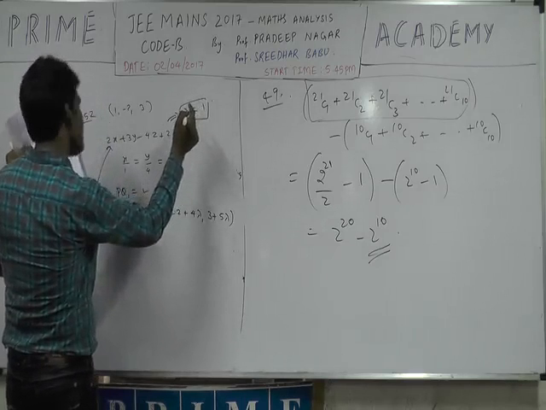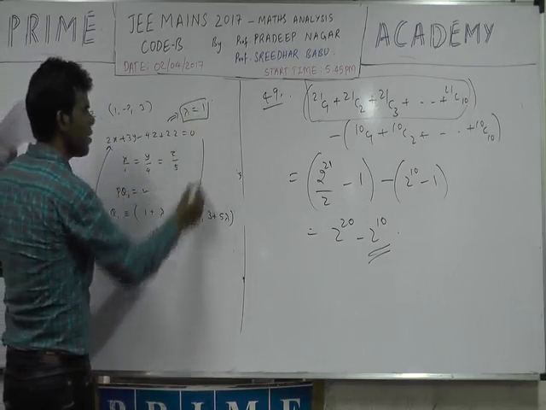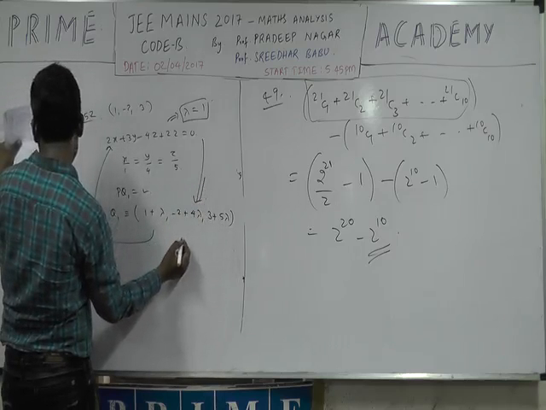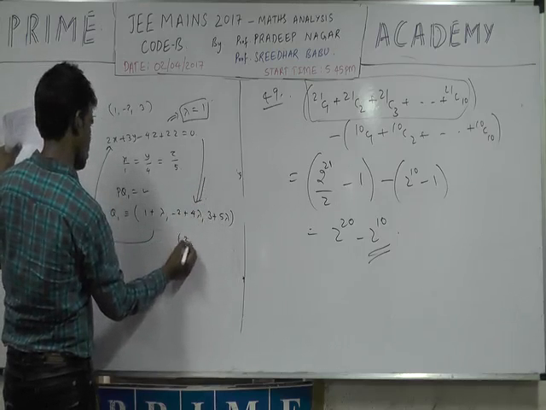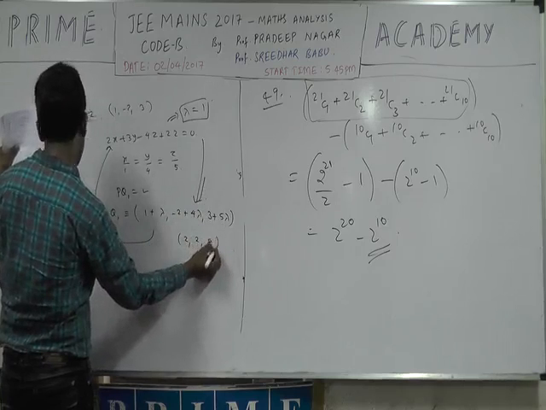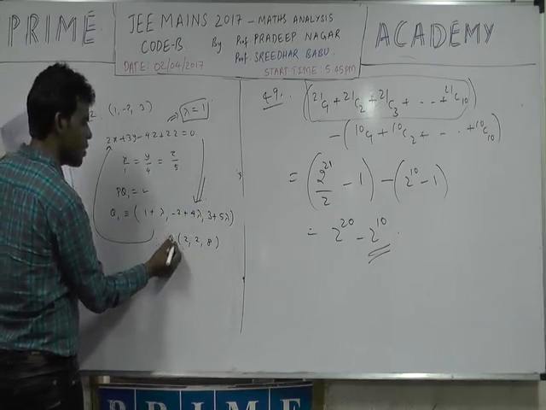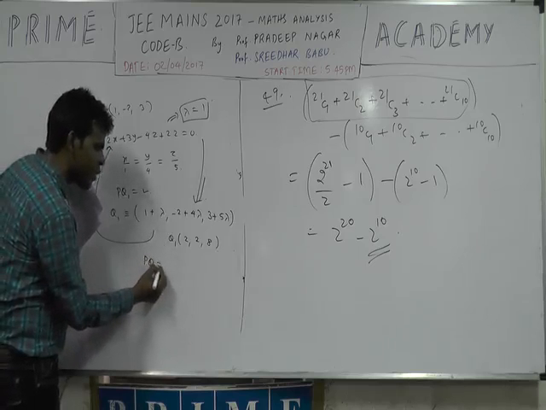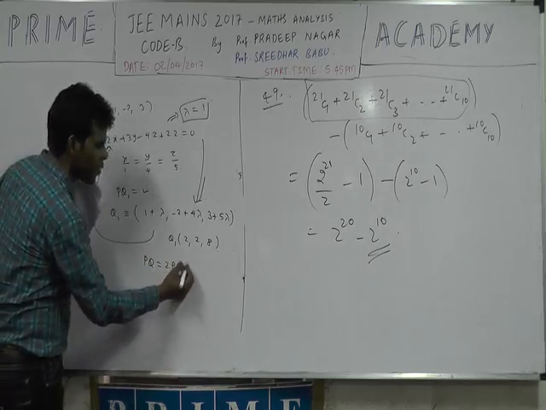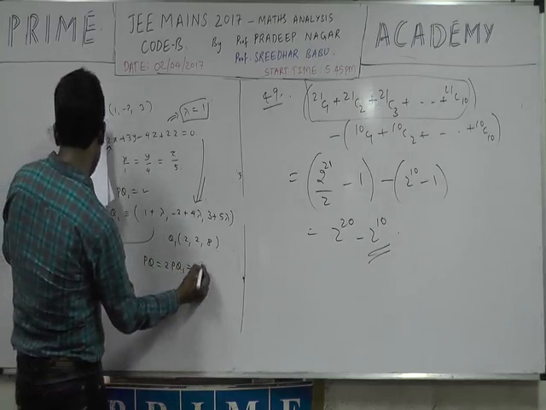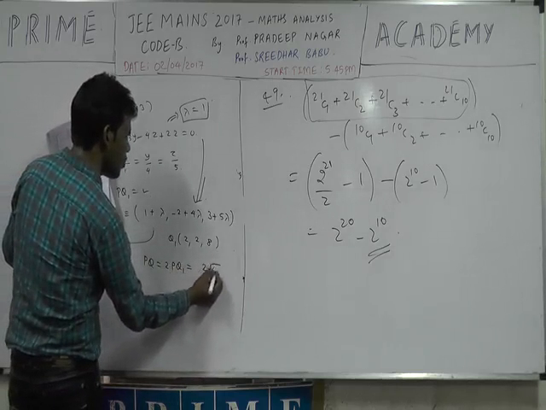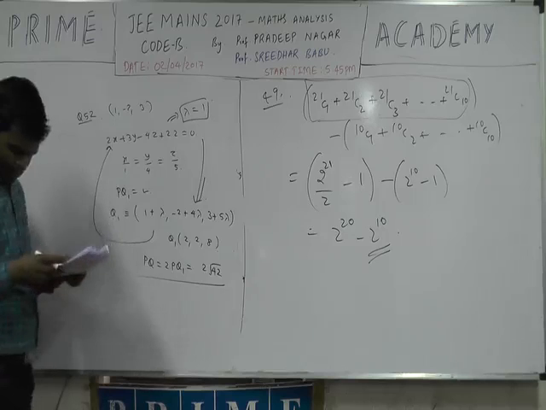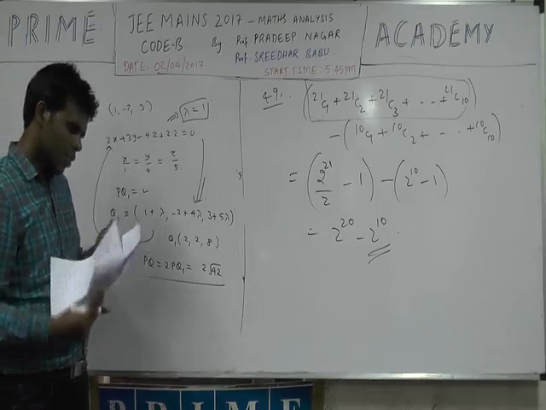Since the value of lambda is 1, you will get this particular point as 2, 2, 8. So this point, which is Q1, is this one, and you are looking for PQ, which has to be twice of PQ1. After applying the distance formula, you can easily get it. It has to be 2 root 42. That's it.